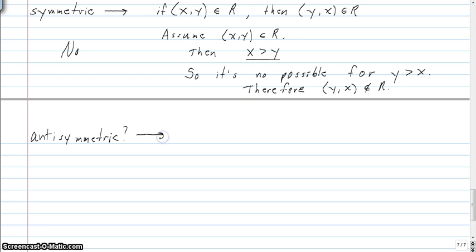We don't know for sure. So let's see. For antisymmetric, we had if xy is in the relation and yx is in the relation, then x must equal y.